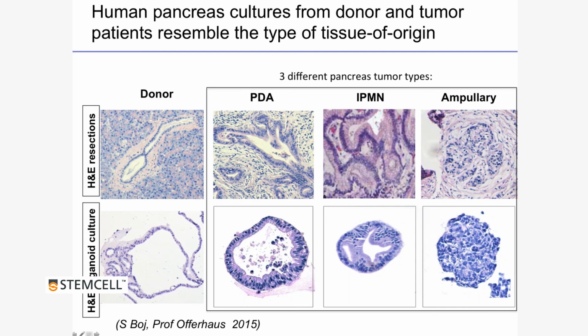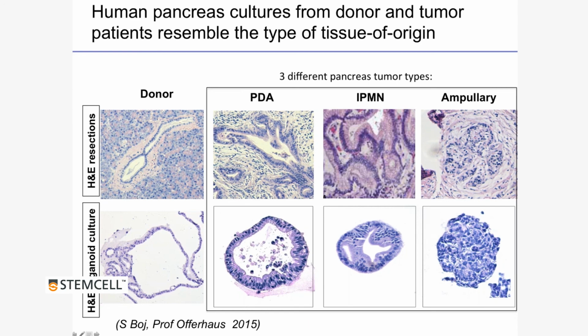However, when we grow pancreatic ductal adenocarcinoma, we again obtain this unstructured epithelium, classical of a PanIN. But if instead of pancreatic ductal adenocarcinoma we grow IPMN, the histology of the organoid is very different, resembling the original tumor. Similarly for an ampullary tumor.